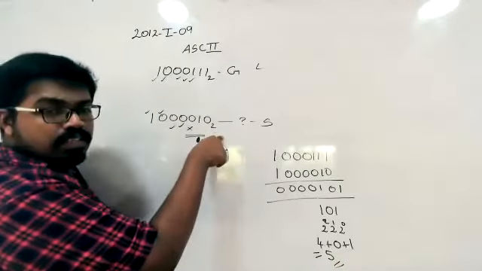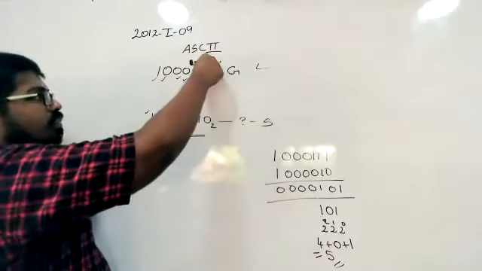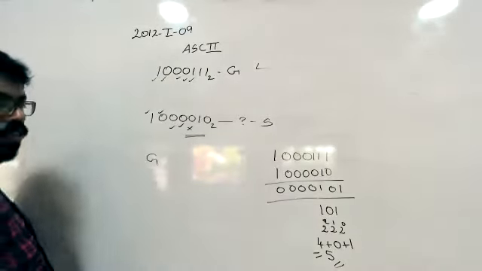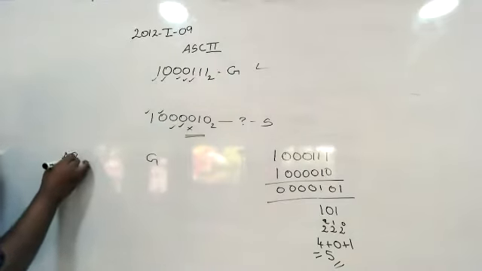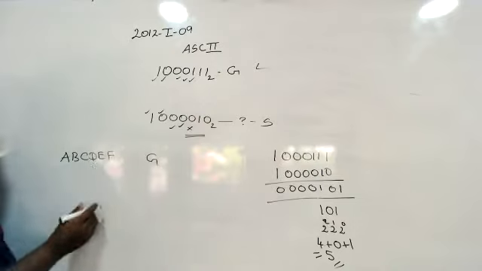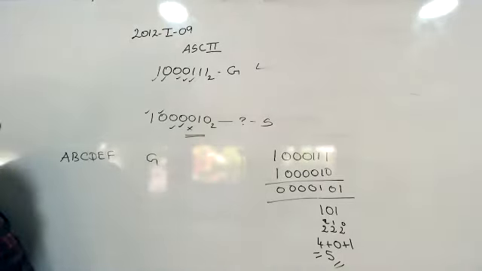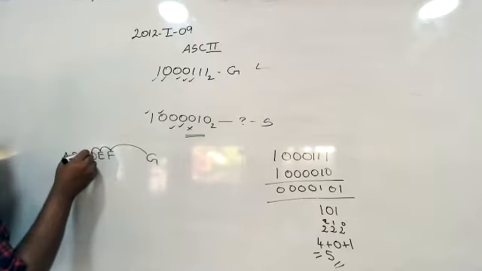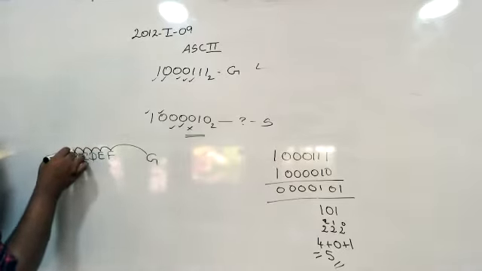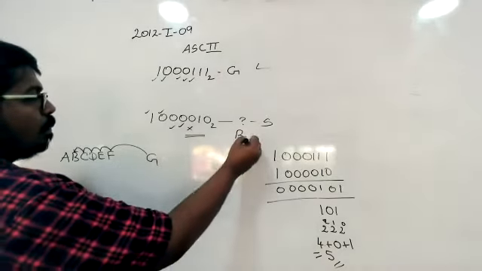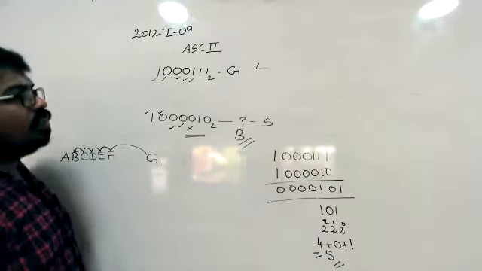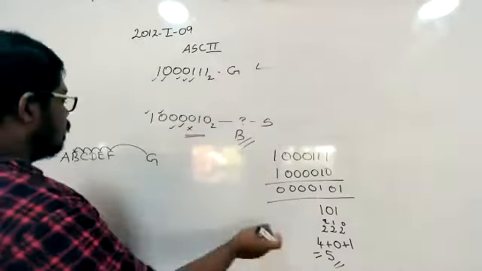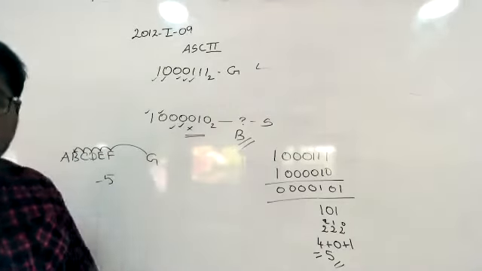So this letter will be 5 less than this letter, which is G. In alphabetical order we have to subtract by 5: 1 F, 2 E, 3 D, 4 C, 5 B. So your answer will be B. First find the difference, this is the smaller one, this is the larger one, then subtract by 5 to determine the letter.